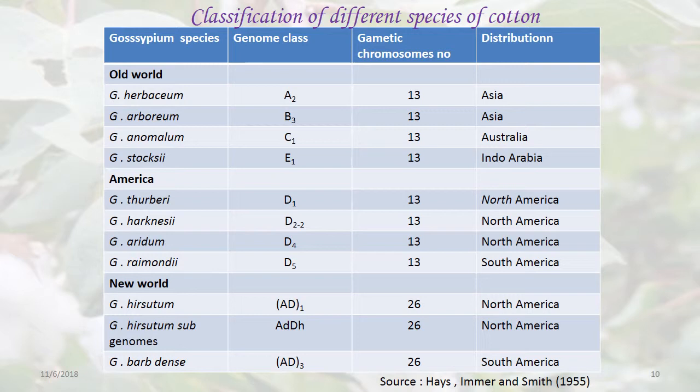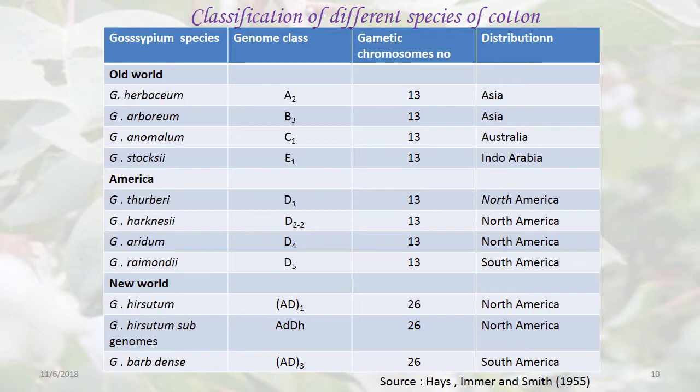Coming to New World cotton species, Gossypium hirsutum is AD1 tetraploid. The haploid chromosome set is 26, which is distributed in Northern America. Next is hirsutum subspecies with genome AD1 that is also having haploid chromosome set of 26 and belongs to North America.